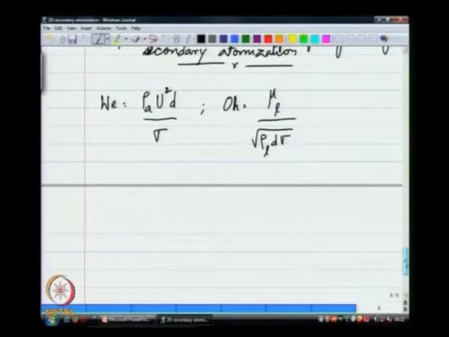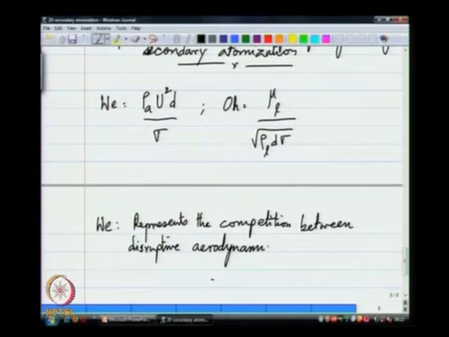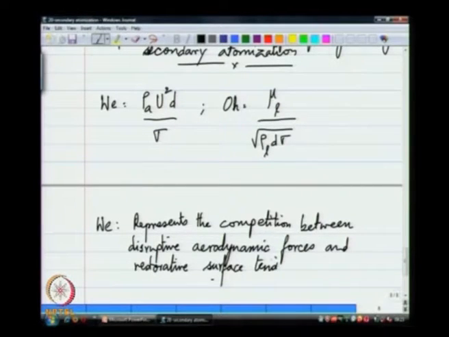So, now just to summarize, Weber number, as this group shows, represents the competition and restorative surface tension force.